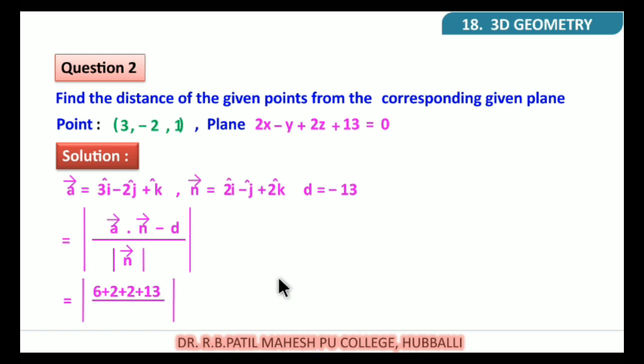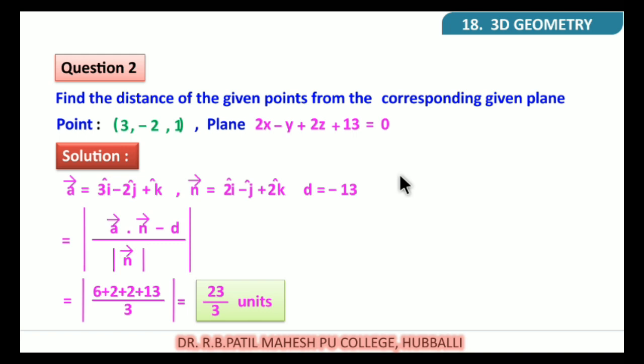Divided by the square root of, the magnitude of n vector, which is the square root of 2 square plus minus 1 square plus 2 square, equal to square root of 9, which is 3. So the final answer is 6 plus 4 plus 13, totally 23 divided by 3 units. This is the distance of the point from the given plane.